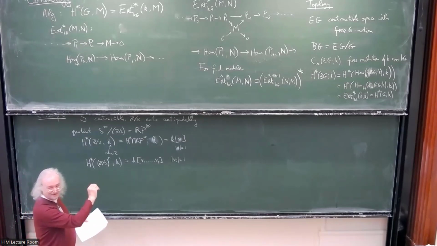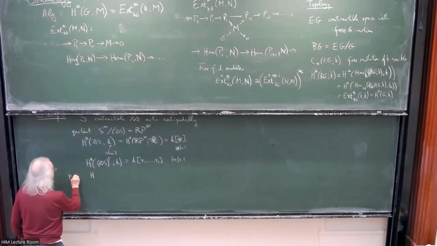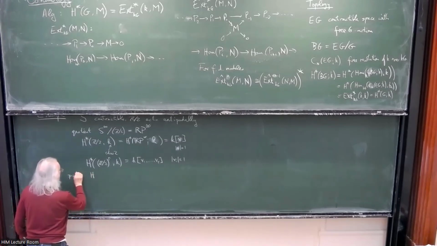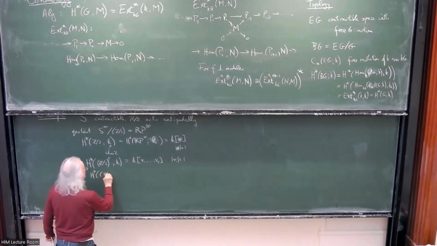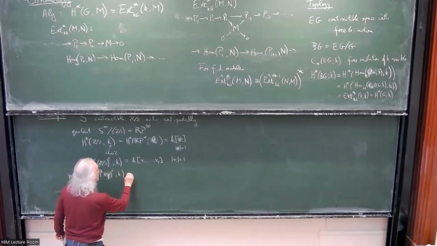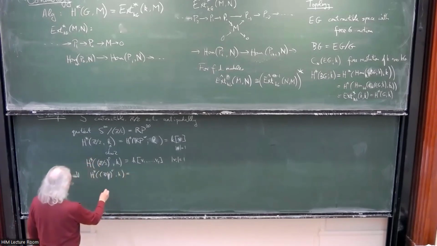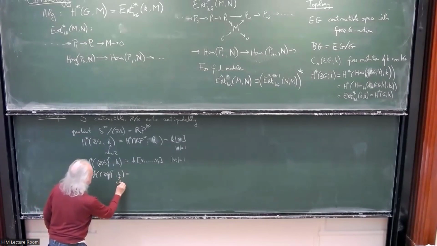That's still visible? Good. Okay, so for p odd, I do need to tell you what the cohomology of Z mod p to the r, with coefficients in K, is. And K in this case has characteristic p.